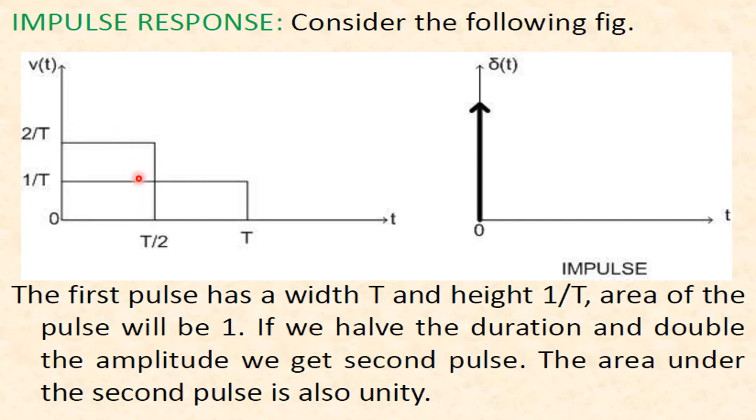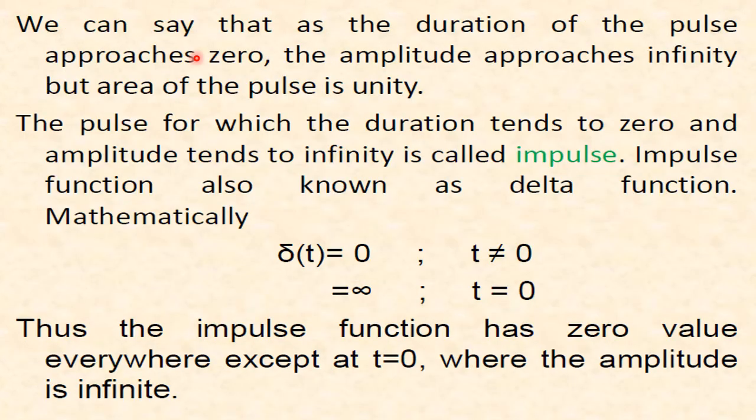Now as we go on like this, we get the second waveform, that is at exactly 0 I have a higher magnitude, and it is represented by delta of t, that is the impulse response with respect to time. So we can say that as the duration of the pulse approaches 0, the amplitude approaches infinity, but area of the pulse is unity.